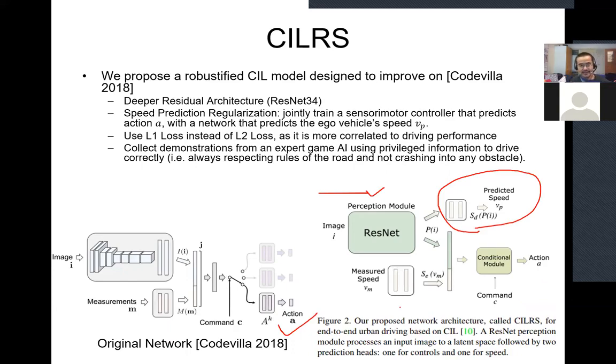They're taking the existing architecture and fixing a few parts. For example, the speed prediction regularization module helps to overcome the spurious correlation problem.